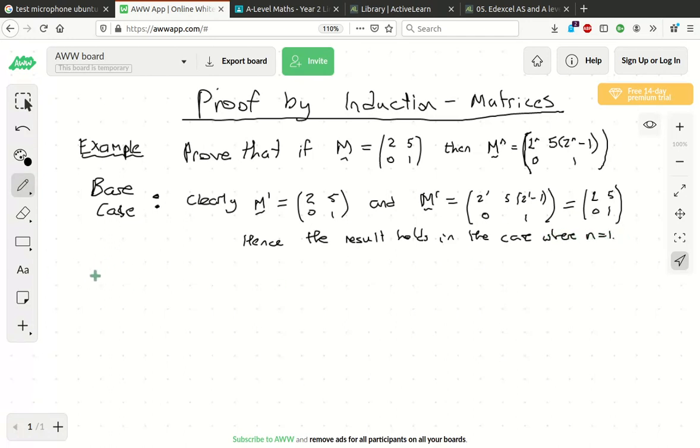Good. Okay, assumption step. Assume true for n equals k. I wouldn't bother writing down base case and assumption step in the exam. Well, I'd probably put base case down, but I wouldn't write down assumption step. I'd just say assume true for n equals k.